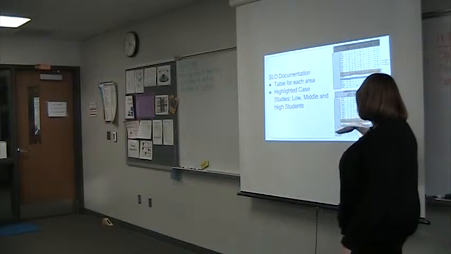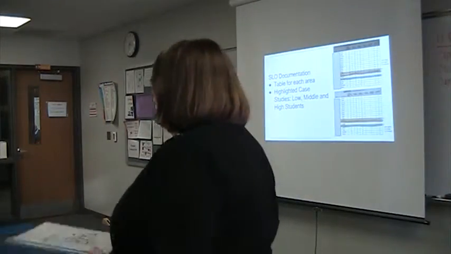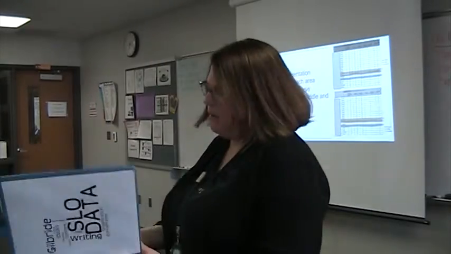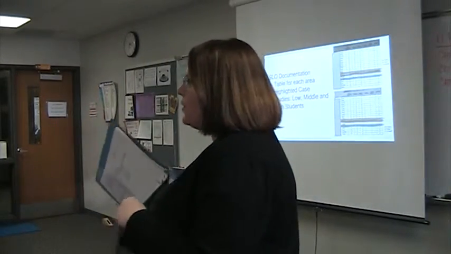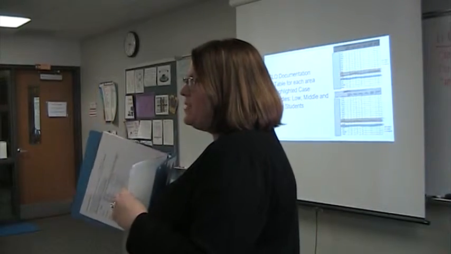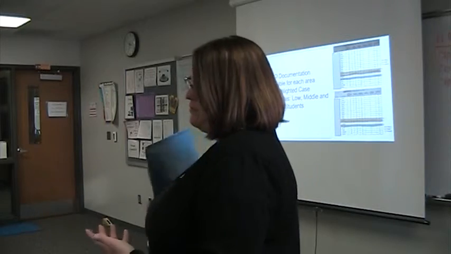The highlighted ones are my case studies, the beginning, the low, the middle, and the high. I just like to have a hard copy of things too, so I keep it all in a nice folder where I have all the different documentation that we need to show for our slow progress monitoring meetings that we do.